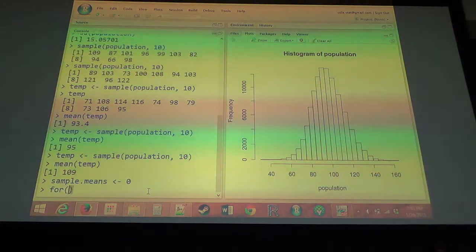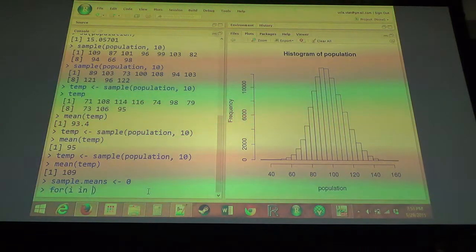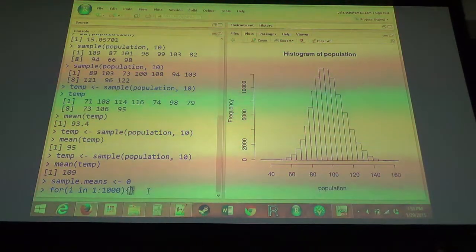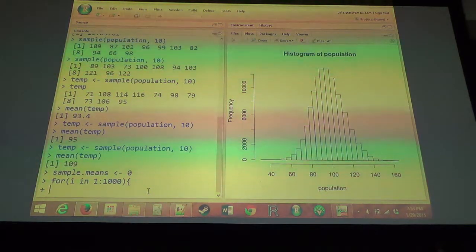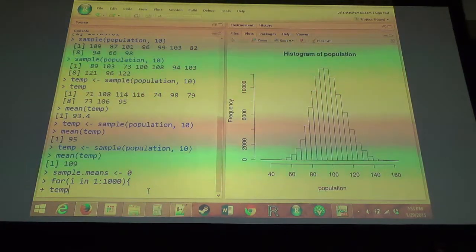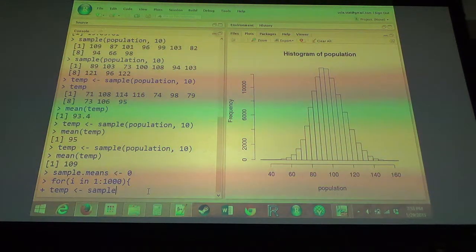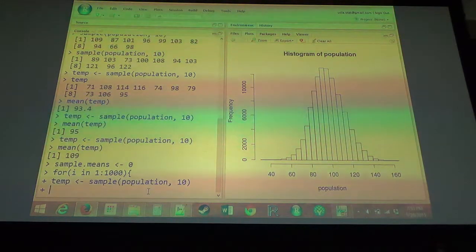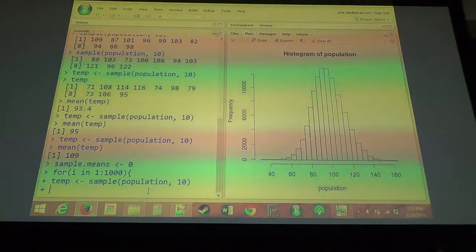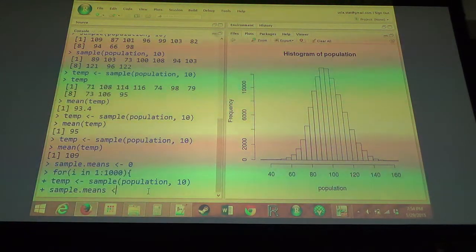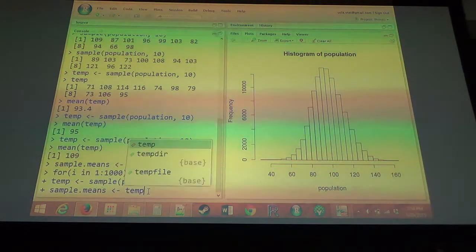And I'm going to say for i in 1 through 1,000, what I want R to do is take a sample from the population of 10 people and then calculate the mean of that sample. Oops.